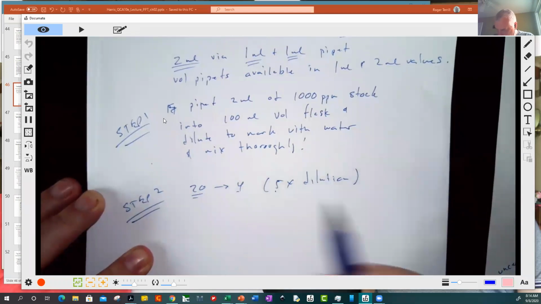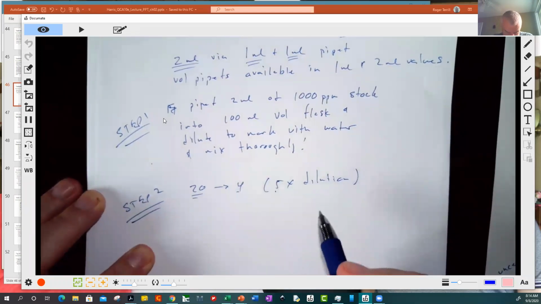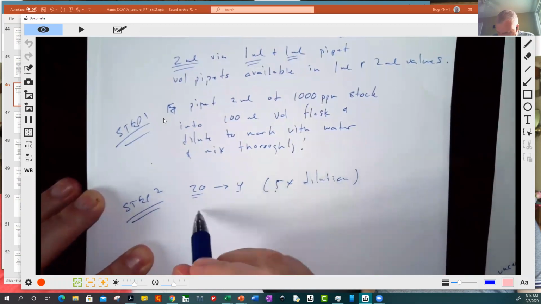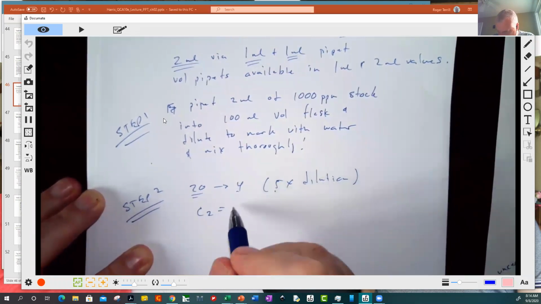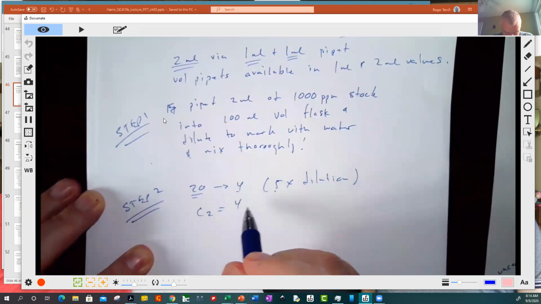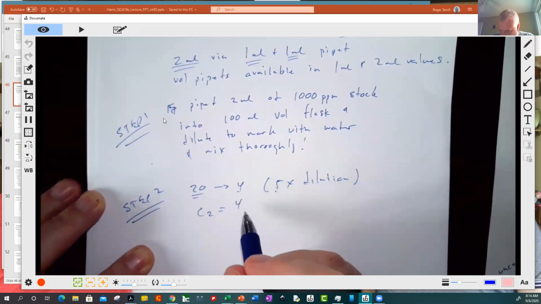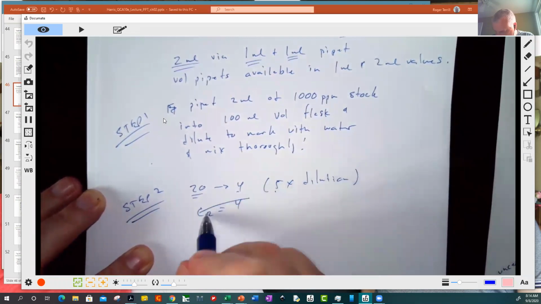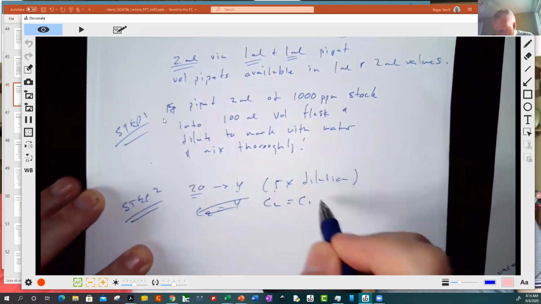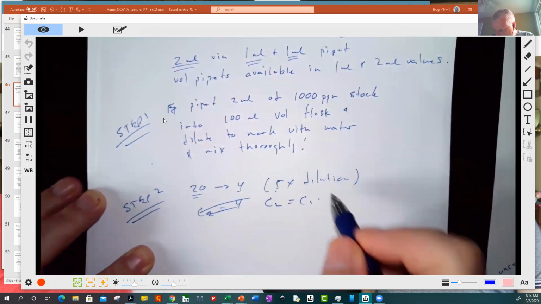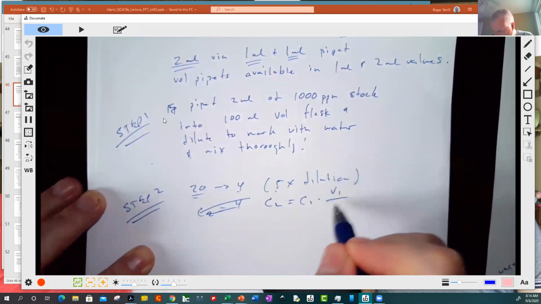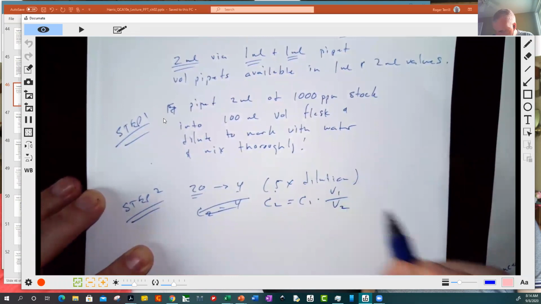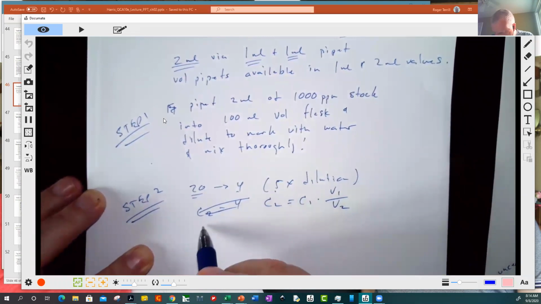So C2 here will equal 4. Sorry, generalize this: C2 will equal C1 times V1 over V2, right? So C2 is equal to 4 ppm.